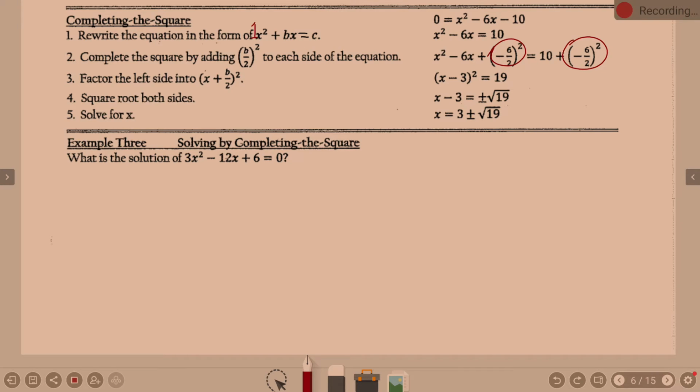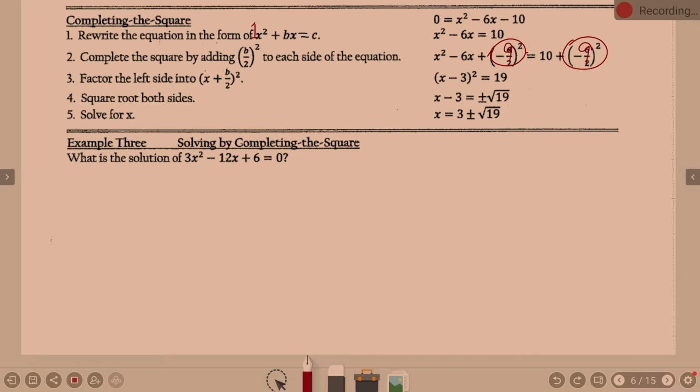Then, we jump into what we just did at the previous problem. Factor the left side. Wasn't I having you factor the left side earlier? Yeah. If this is x squared minus 6x plus 9, can't we do square roots again? The square root of 9 is 3, and 3 plus 3 is 6.